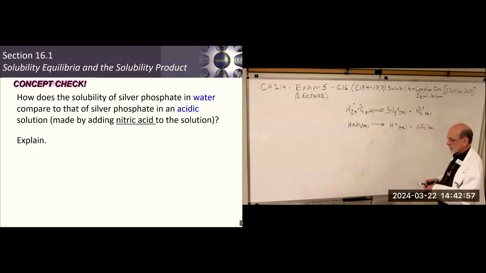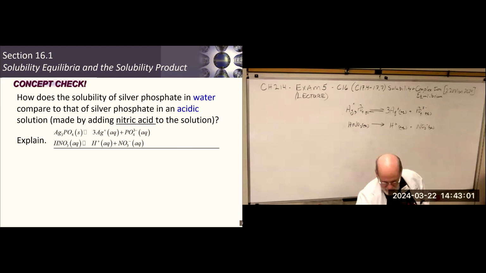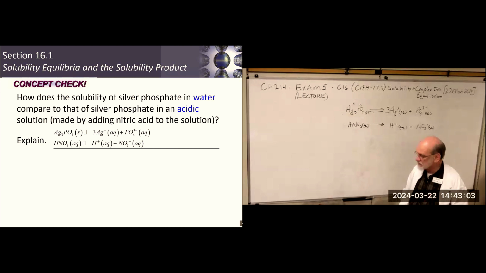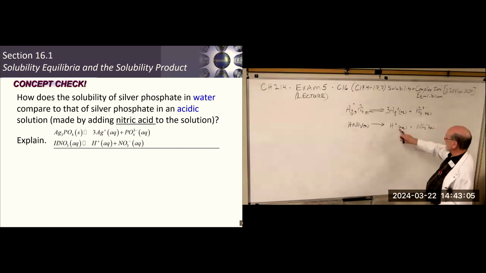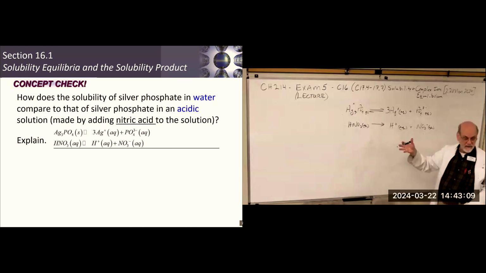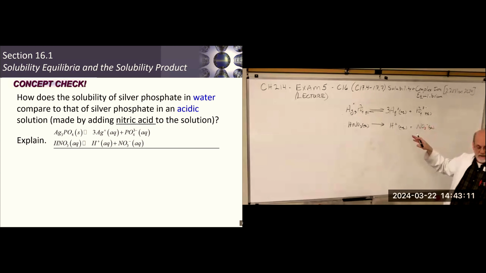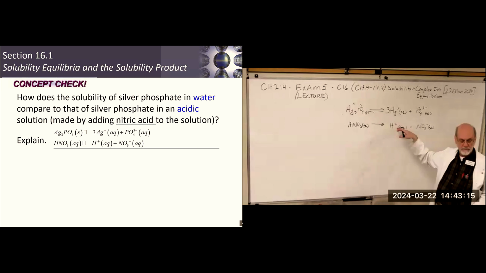There we go. So how would this affect the solubility? There's our two equations. And this hydrogen, well, the silver and the nitrate, again, is completely soluble. So that has no impact on the solubility.